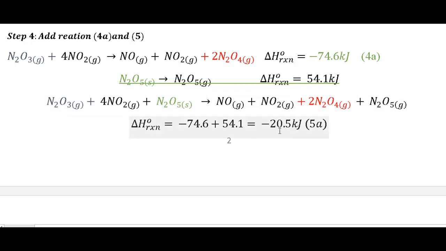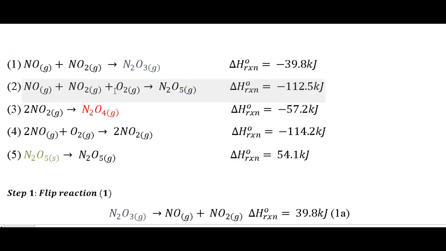So now I'm in a situation where I need to find a way to get rid of all these NOs and NO2s and 4NO2s because really my reaction is right here. I think what I will do is flip reaction 2 and add it to all of the computations that I've done so far.